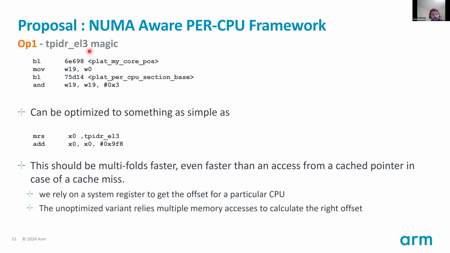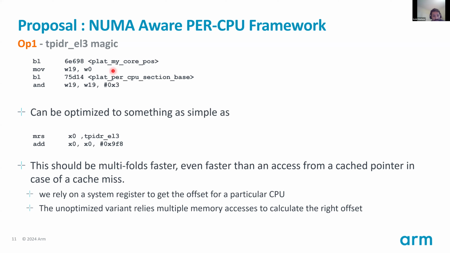So there's this call to get the core position, and then there's the section base that has to be implemented by the platform. So there's already a branch, and then we calculate how the core position has to be made, and then there's another branch to get the base address. So it's a bit intense in terms of what it does.